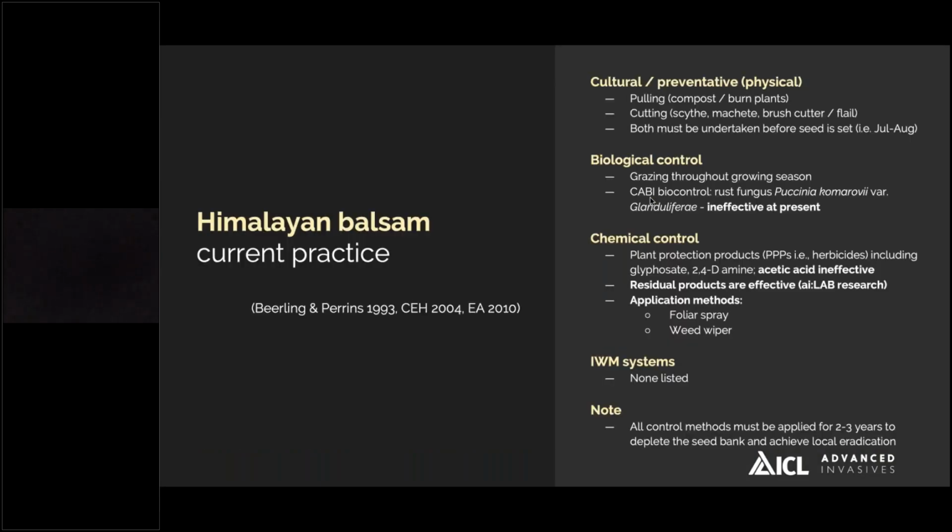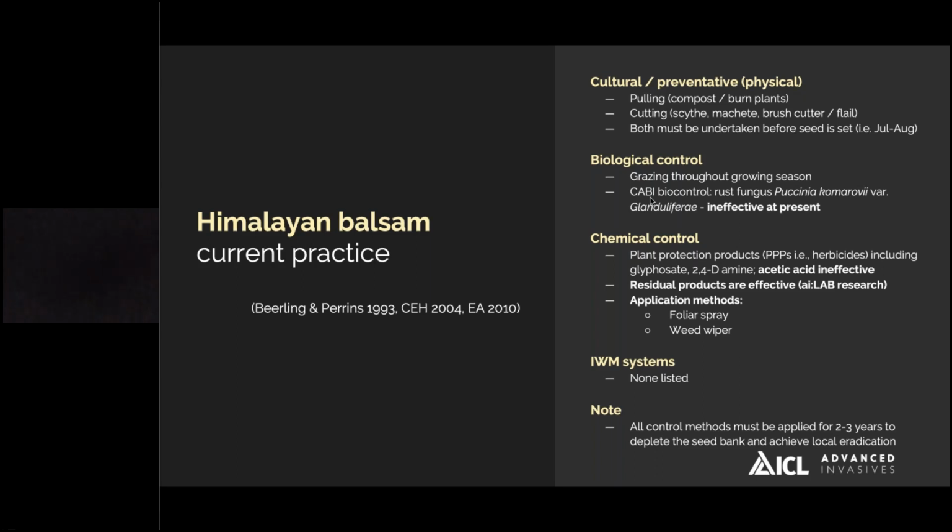In terms of current best practice for Himalayan balsam, there is no one overarching document for managing balsam, and there's a range of different methods that are proposed as being effective for its management. Before I get started on these, it is worth bearing in mind that these methods will kill individual Himalayan balsam plants.